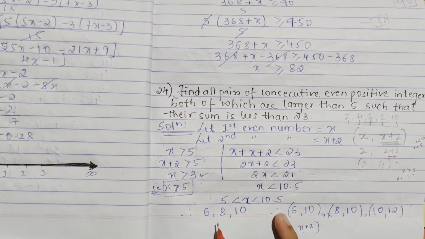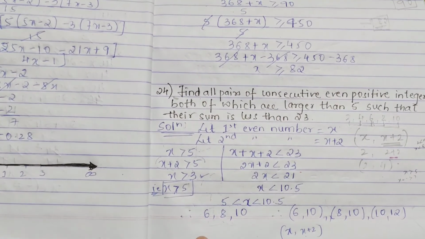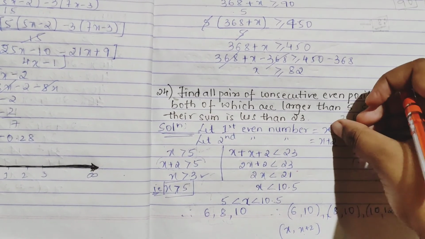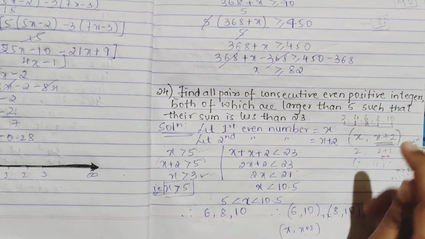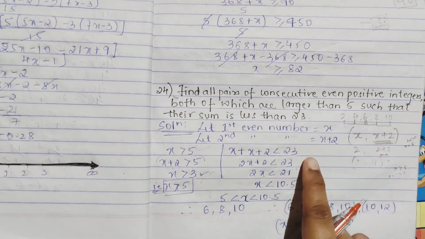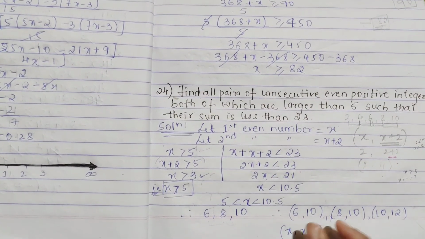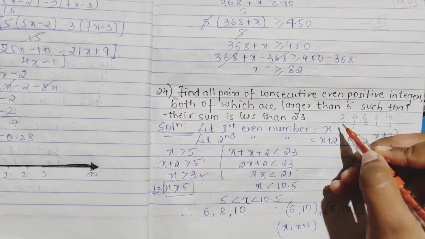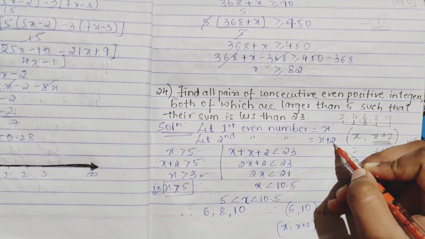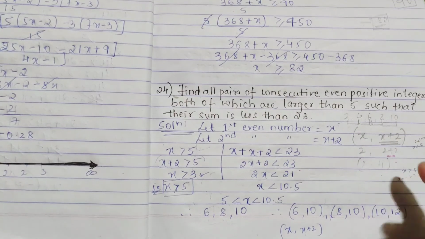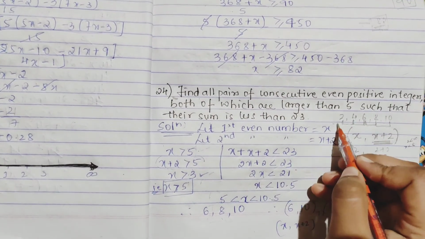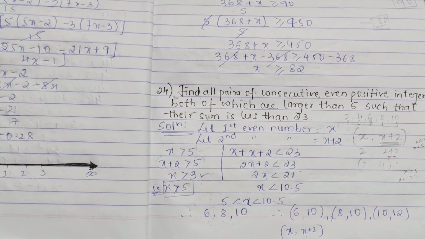You are not taking pairs like 6, 8, 8, 10 or 6, 10. It is not like that, you have to add 2. If your x is 6, then x plus 2 is the next pair. Both together are a pair, understood?